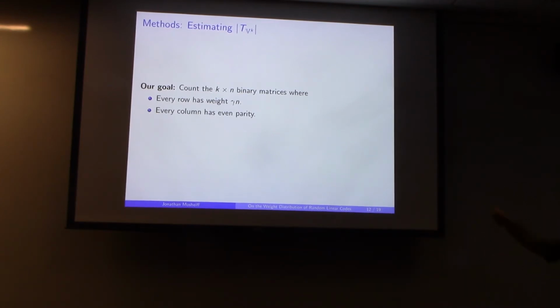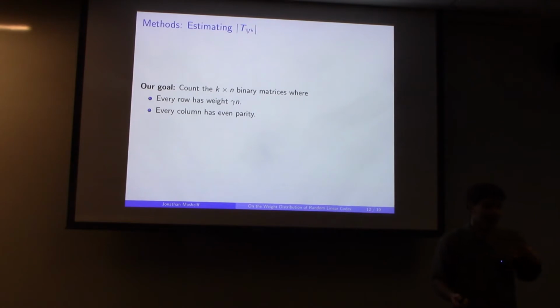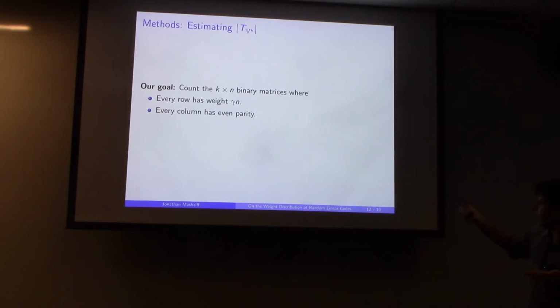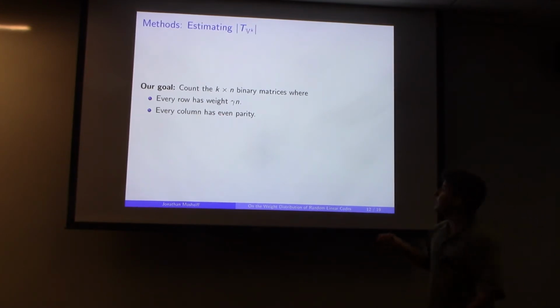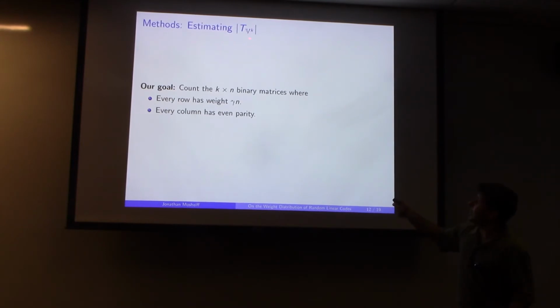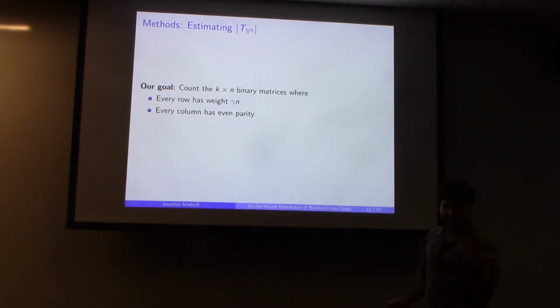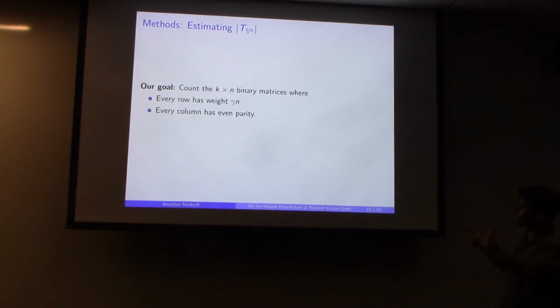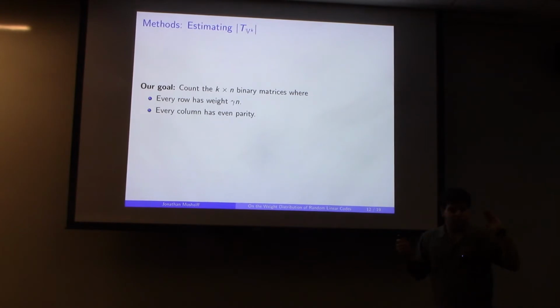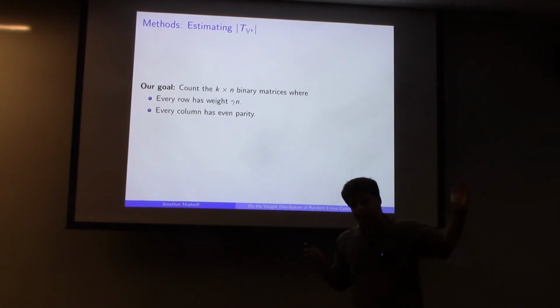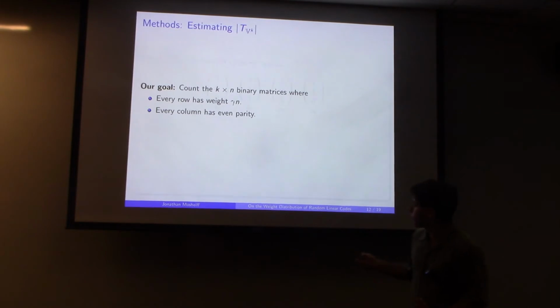We're first going to count the matrices satisfying these two conditions, and later we're going to show that the matrices satisfying this condition for every vector space can be expressed or bounded by the case of even parity columns. So let's consider this problem for now: you want matrices with rows of weight gamma n and even columns.